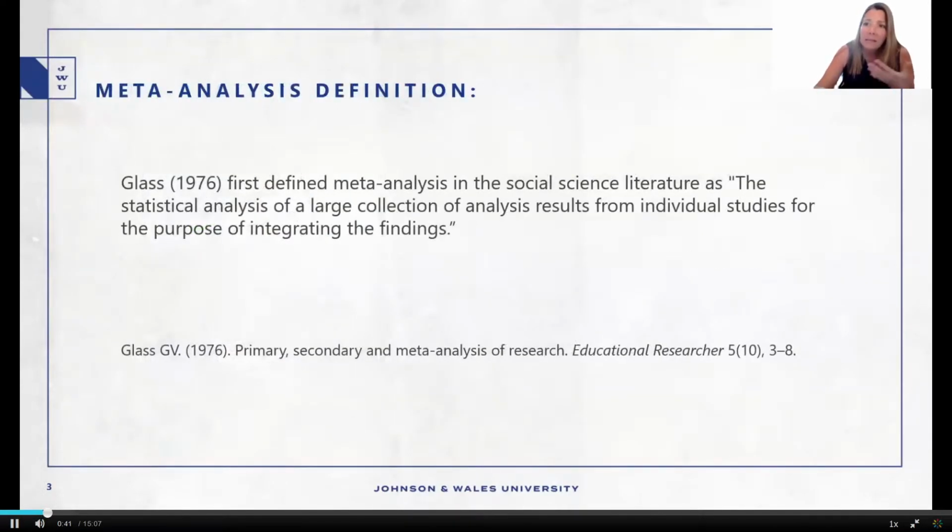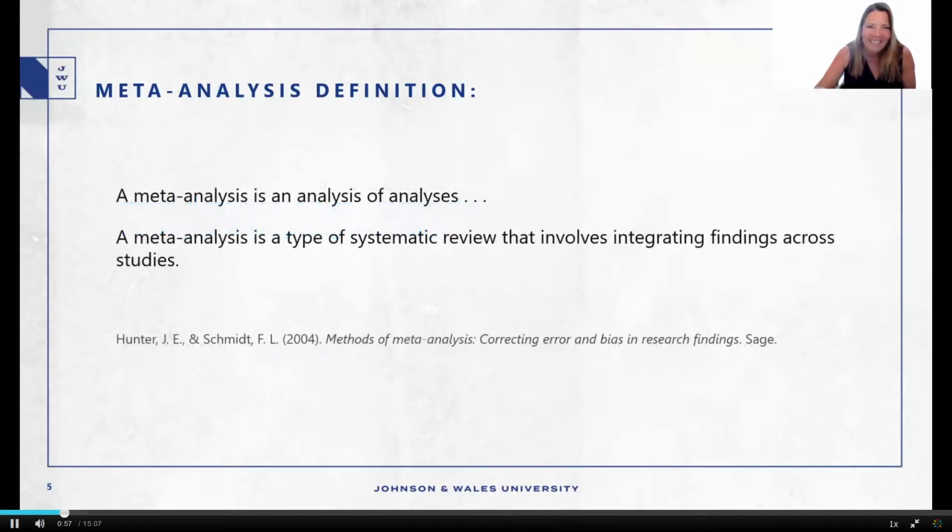So meta-analysis is a term that was coined by Gene Glass in the 70s. It's defined as the statistical analysis of a large collection of analysis results from individual studies for the purpose of integrated findings. Sort of a mouthful. So literally, a meta-analysis is an analysis of analyses.